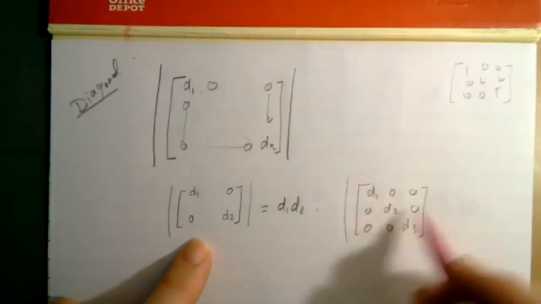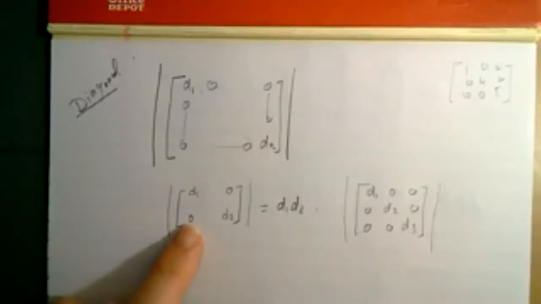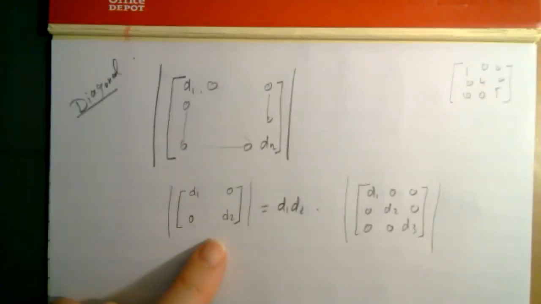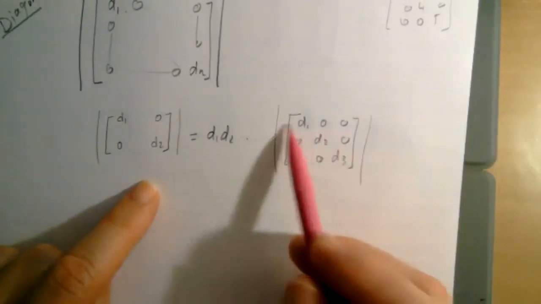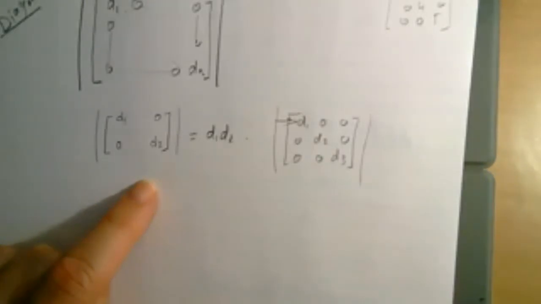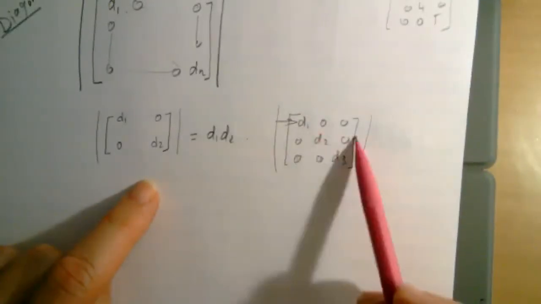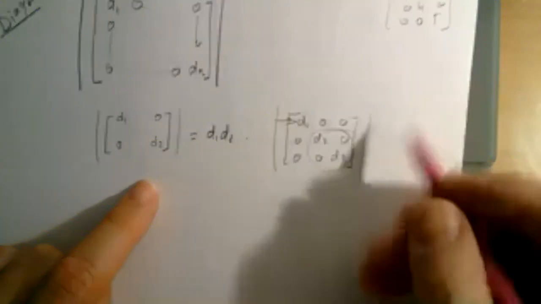What's the determinant of this matrix? Quickly. D1, D2, D3. Just use the first row: D1 times the determinant of that matrix.